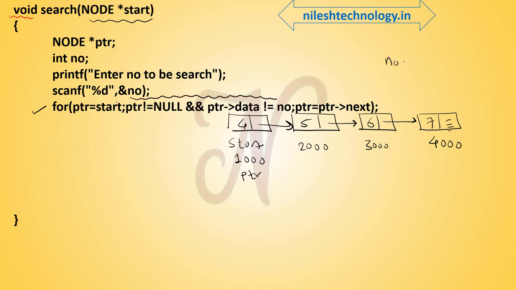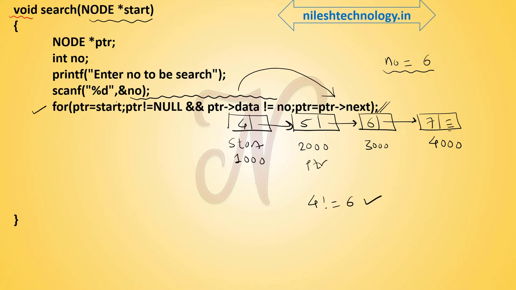For example, if you want to search number 6, ptr is not equal to null. Ptr has one node, and ptr of data is 4. So 4 is not equal to 6, true. So it is going to this increment part, because the for loop has one semicolon. So ptr equal to ptr of next. Now ptr is going to next.